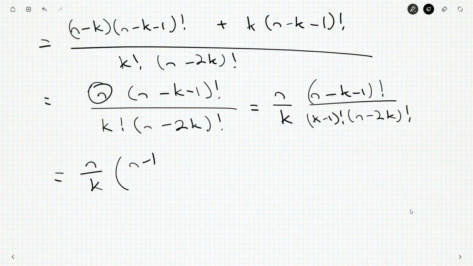This is n minus k minus 1, choose k minus 1. So that's a formula. I don't know if that one's better or worse. I mean, they're basically the same thing, but yeah.